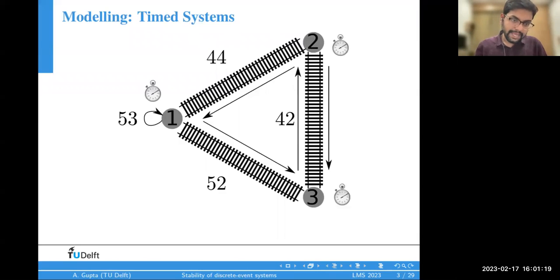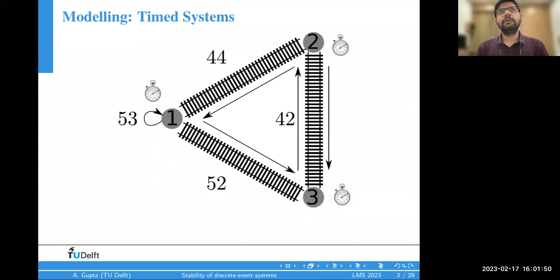So that would translate as these clocks ticking at a synchronized rate, right? So if you have the clock at 2 ticking faster, that means trains at station 2 are leaving faster than they are actually arriving at 1, then you have a problem in the system. And that is where the boundedness notion comes in, and that is more or less what we study.